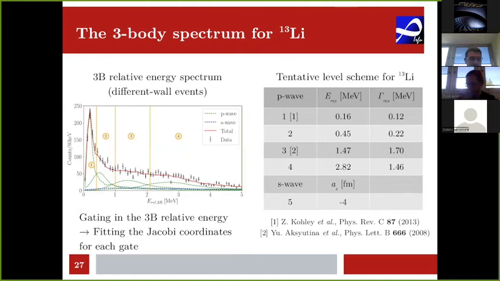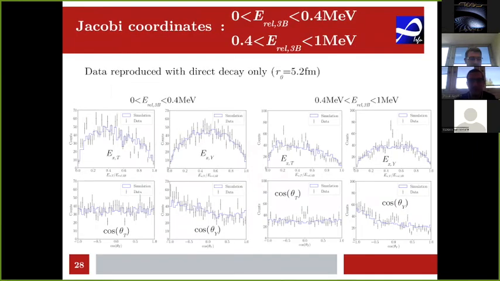So I will give an example to be more clear. First, the low energy ranges, the two lower energy gates: one below 400 keV and one between 400 keV and 1 MeV. And these are for each gate the four Jacobi coordinates that we have fitted here with only direct decay contribution, and it reproduces the data pretty well, as we can see.